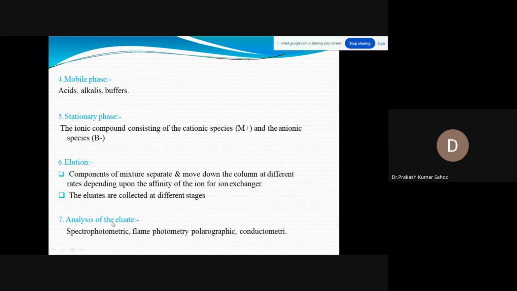Analysis of the eluate is done by spectrophotometry, flame photometry, polarography, or conductometry. These analysis methods are very much connected to ion exchange chromatography, and it makes a very sophisticated instrument with a very automatic mechanism for ion exchange.